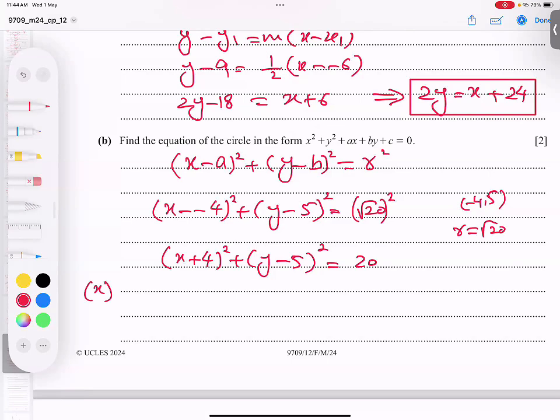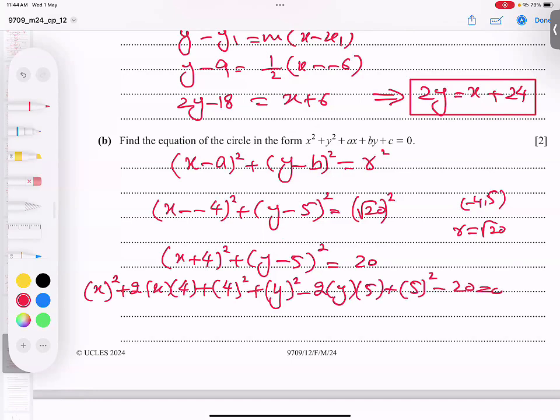So first term squared plus 2 into first term into second term plus second term squared. Same story here, but make sure of the negative. So this negative will come with the 2. So y squared minus 2 into y into 5 plus 5 squared, and negative 20 comes to the left hand side.